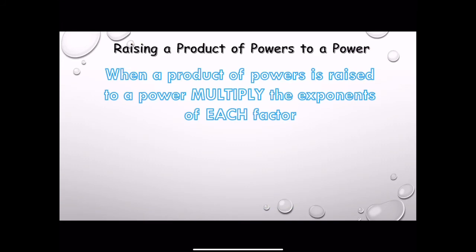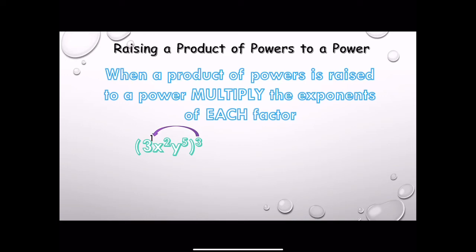So how is this one different than the one we just did earlier? Well, now what's inside our parentheses, there's more than one factor. So when we take a look here, I have a 3. That 3 is raised to the first power. I have an x.